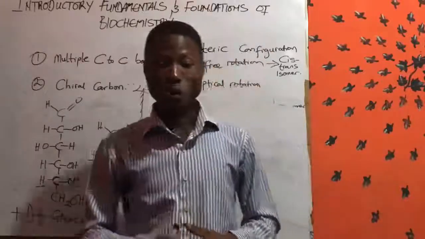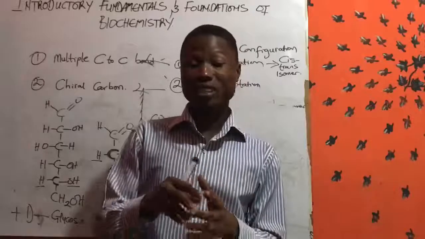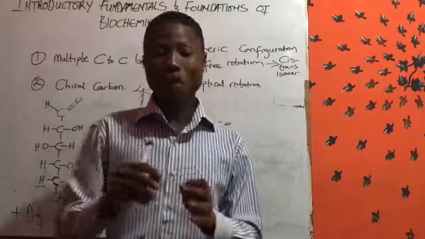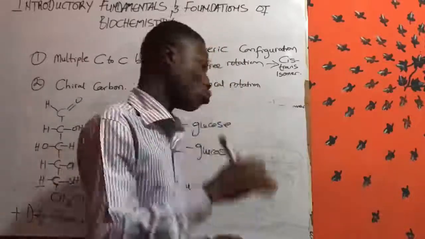So let's get going. The physical ideologies of biochemistry are hinged on the following facts. One, living organisms exist in a dynamic but steady state, which is never in equilibrium with its environment. This is what we are trying to say.